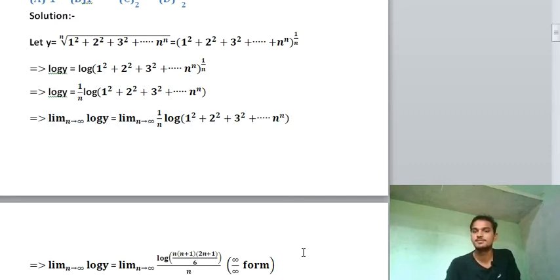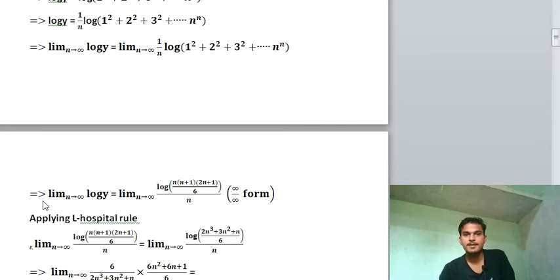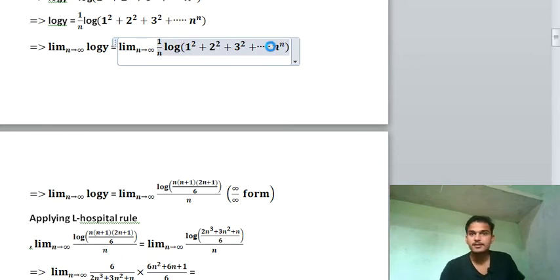So limit n tends to infinity of log y is equal to limit n tends to infinity of 1 by n, we can also write it as whole divided by n, and log of 1 square plus 2 square plus 3 square plus dot dot dot plus n to the power n. We can also write this sum as n into n plus 1 into 2n plus 1, whole divided by 6.